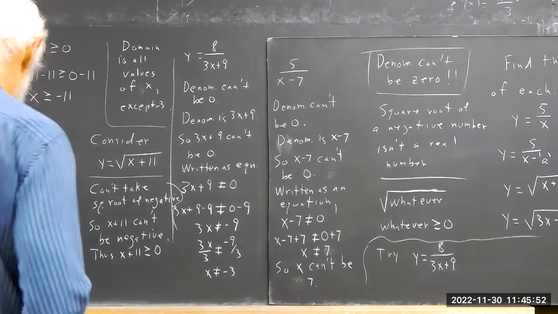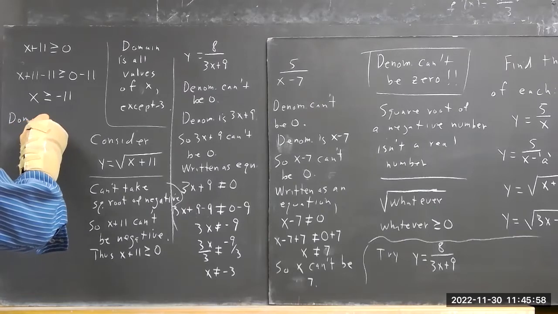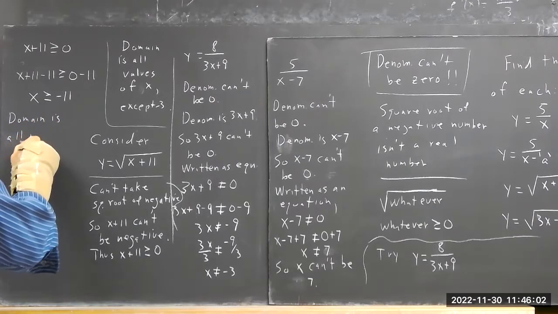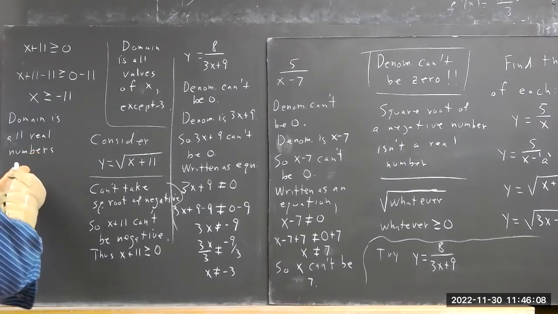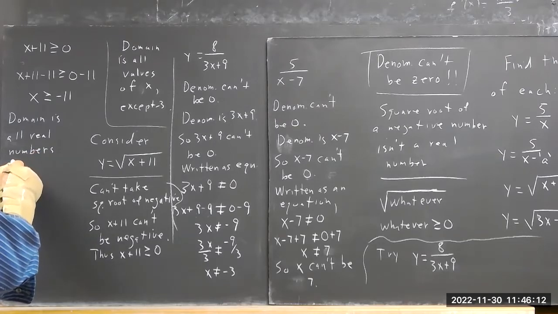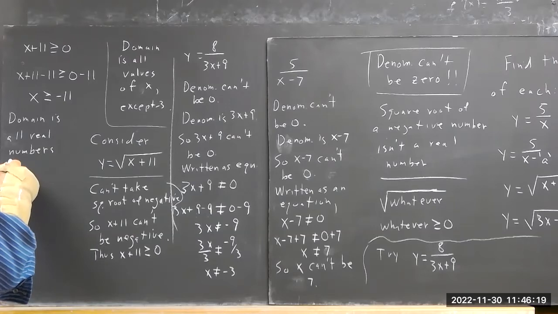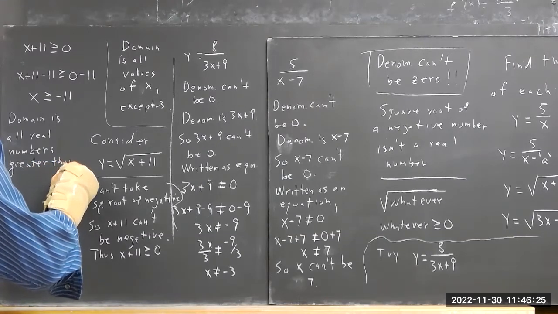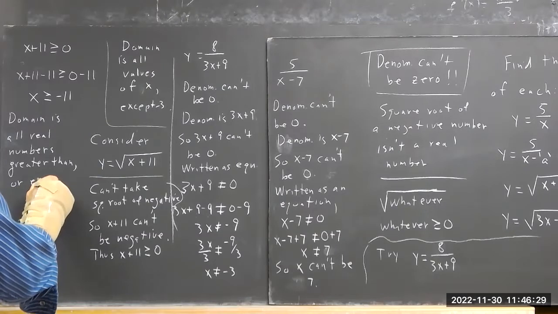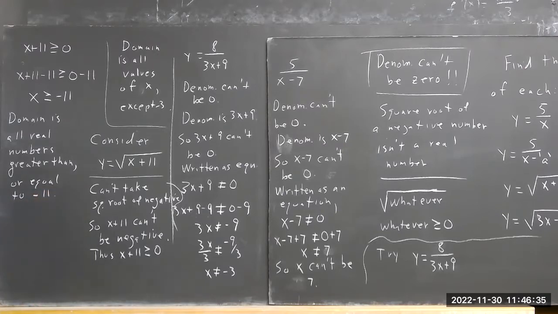Okay, so it means all real numbers greater than or equal to -11.